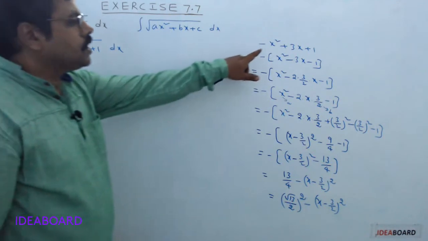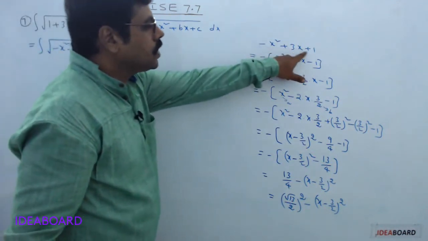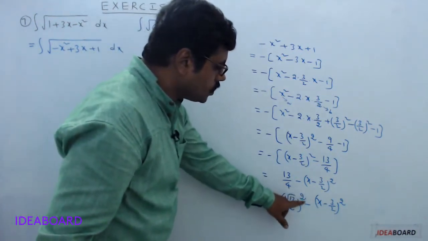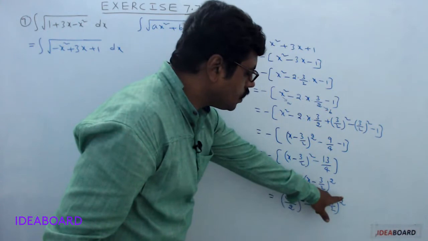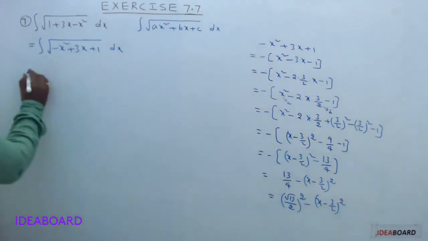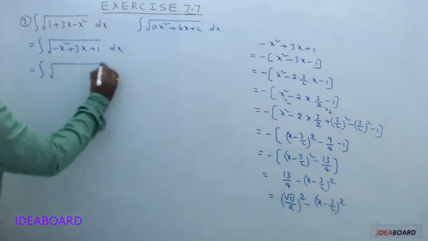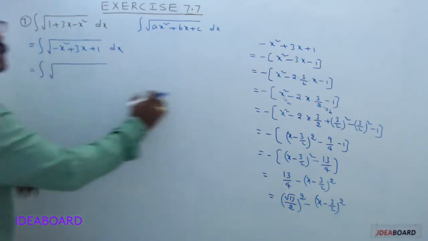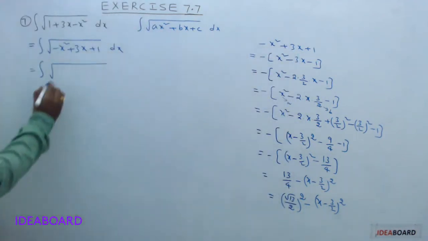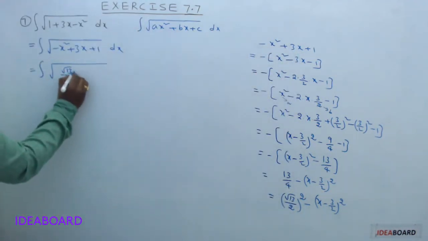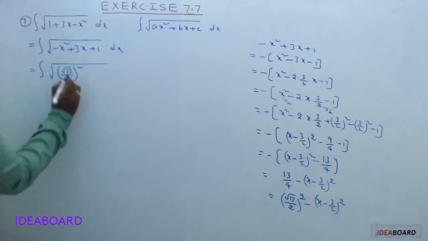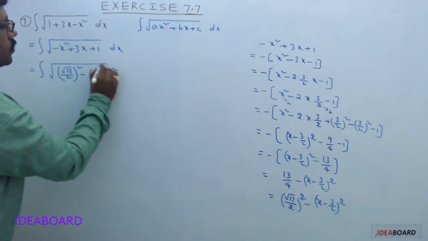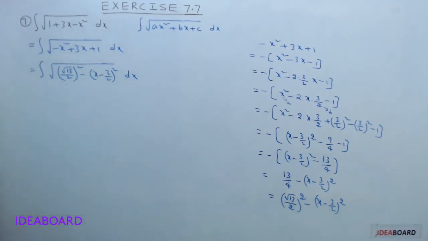Now here in place of minus x square plus 3x plus 1 you can substitute the value root 13 divided by 2 whole square minus x minus 3 by 2 whole square. Now this is integral square root of root 13 divided by 2 whole square minus x minus 3 by 2 whole square dx.